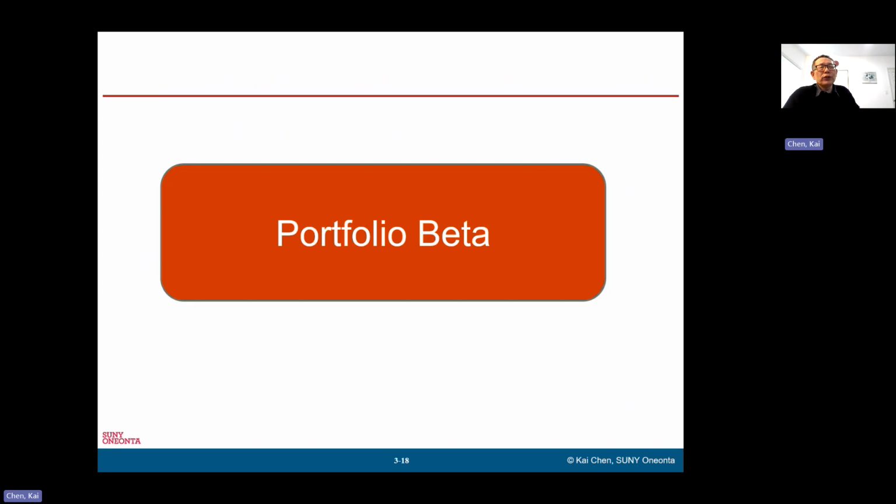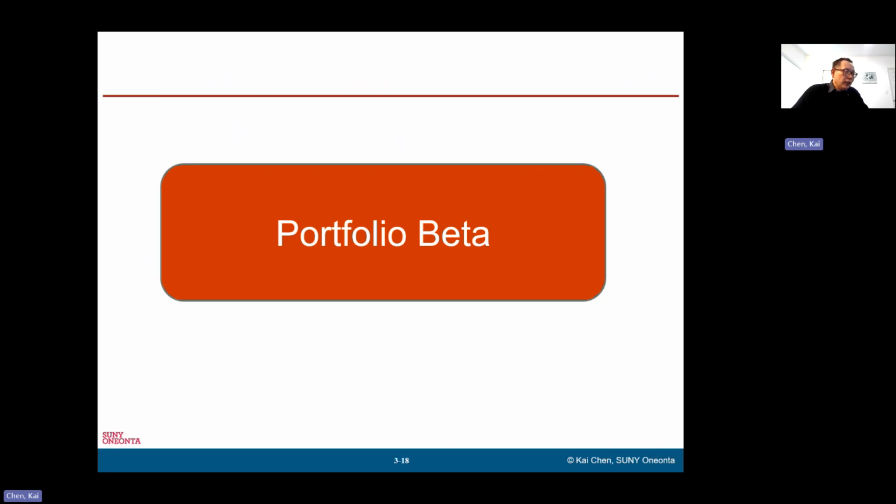Later, in the next topic, we're going to learn more statistics to assess the performance of an asset or a portfolio. But right now in this topic, we focus on expected return, variance and the beta. Now let's look at how we can calculate the beta of a portfolio.